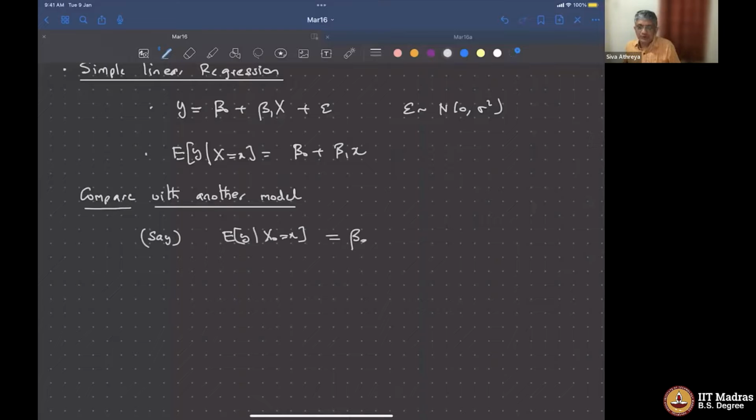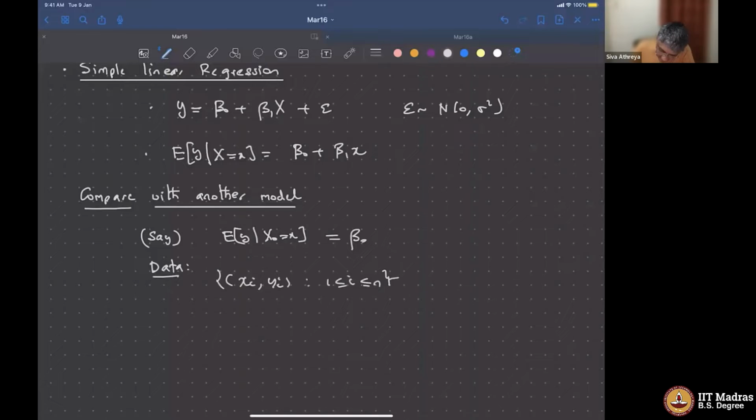Right. So what would you do? You would have data points xi, yi, for 1 less than or equal to i less than or equal to n.